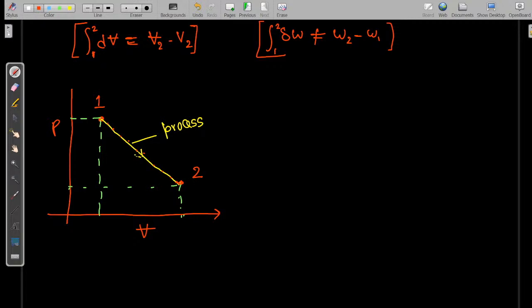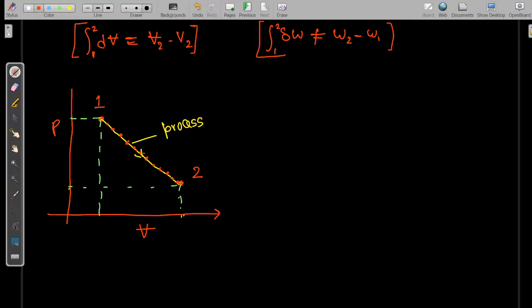मैंने बोला कि अगर state 1 और state 2, I am saying that system is moving from state 1 to state 2, but I have to define the path which system has followed. Okay, then for defining the path I have to know the intermediate points of the system. Until or unless I don't know the intermediate points of the system, I cannot define a process path.